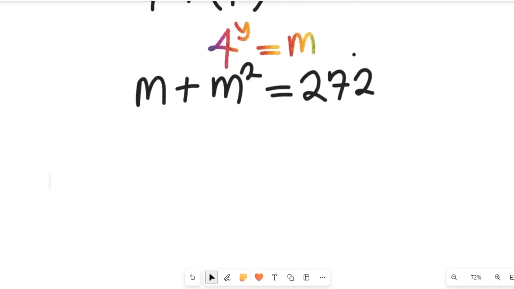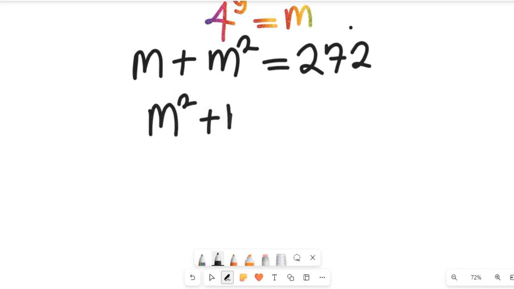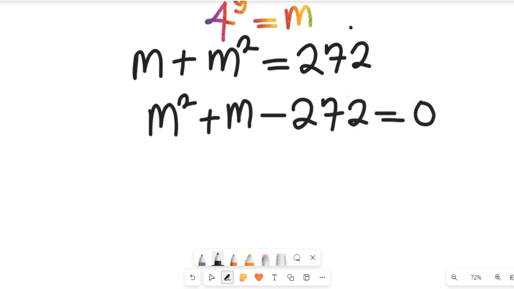So, having gotten that, if we rearrange it, you're going to see we'll have a quadratic equation. Rearranging this, we have m squared plus m. Let's subtract 272 from both sides. We'll have minus 272, and the right hand side will be equal to 0. Great. Now, we have arrived at a quadratic equation.